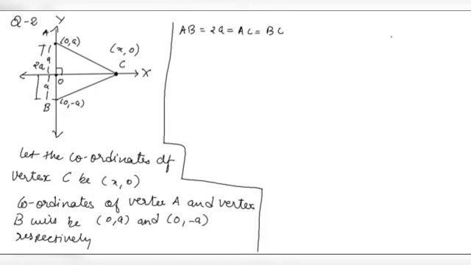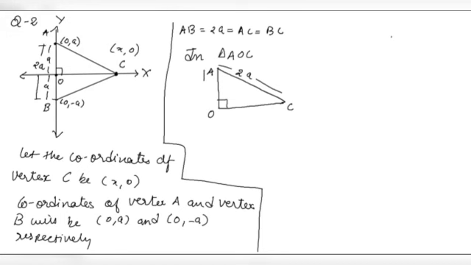Now, if you observe triangle AOC, then AC is 2a, the side of the equilateral triangle.